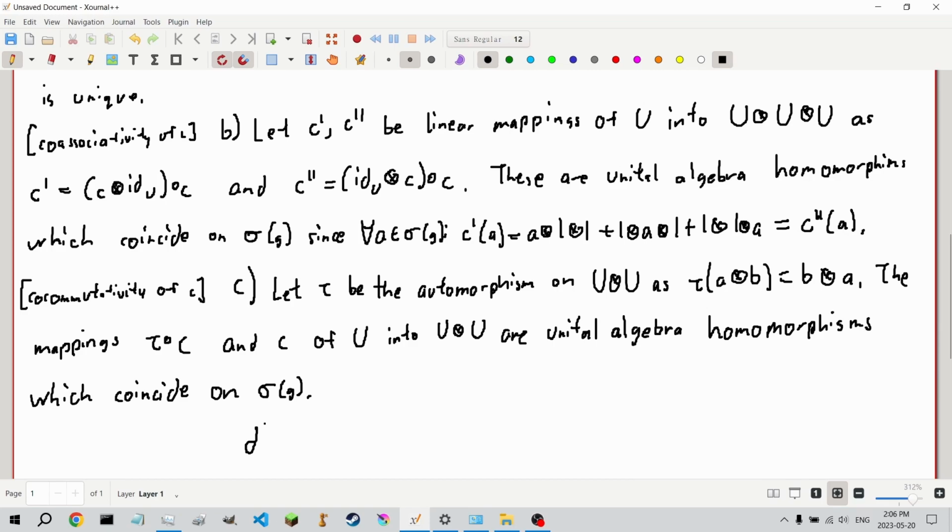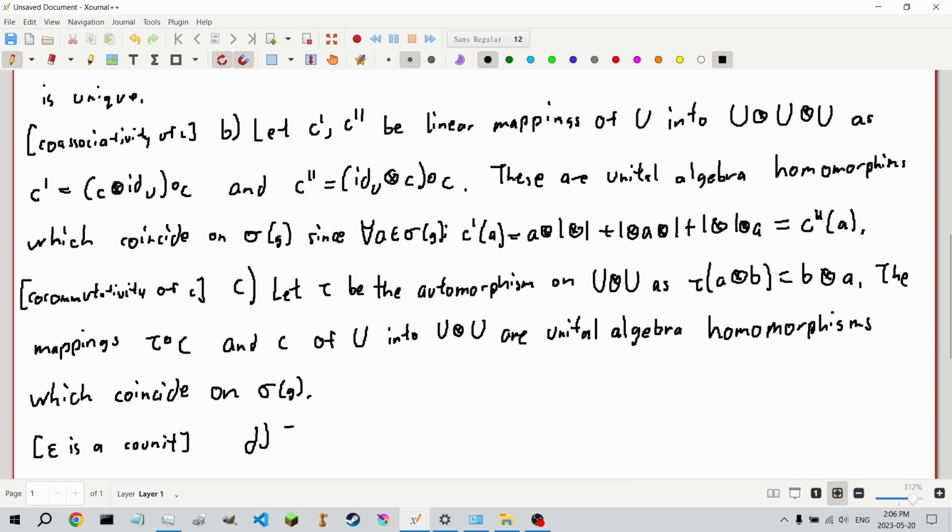Next is D, which is that epsilon is a co-unit. Just keep in mind that we had that epsilon is the constant term of whatever it's acting on.